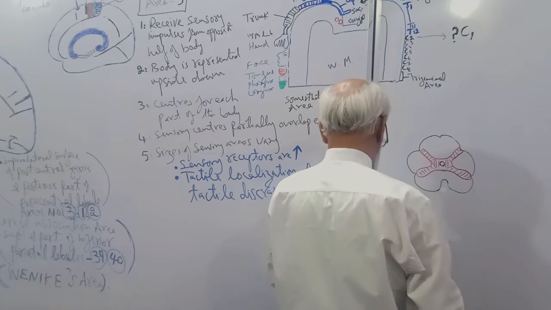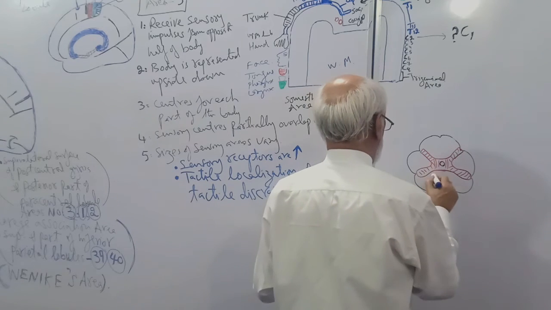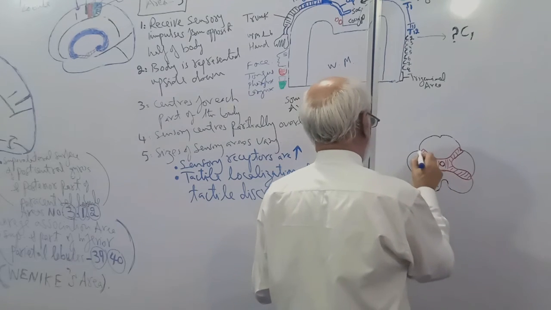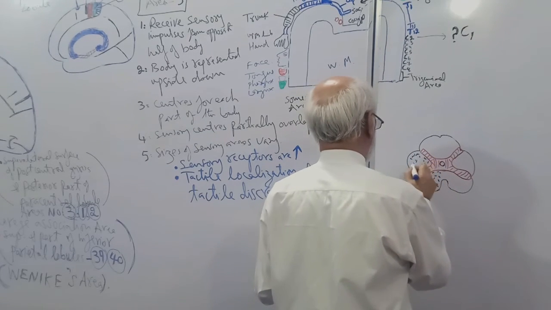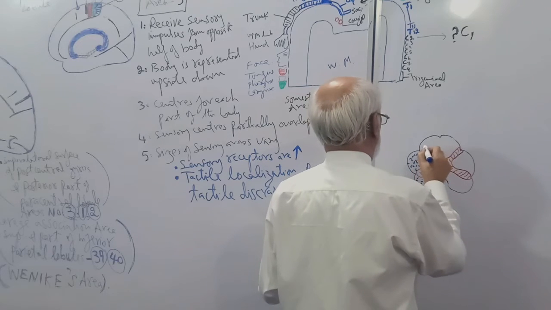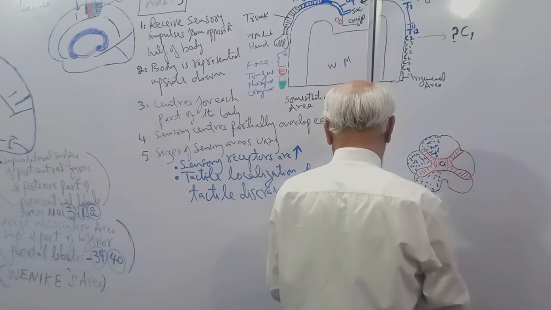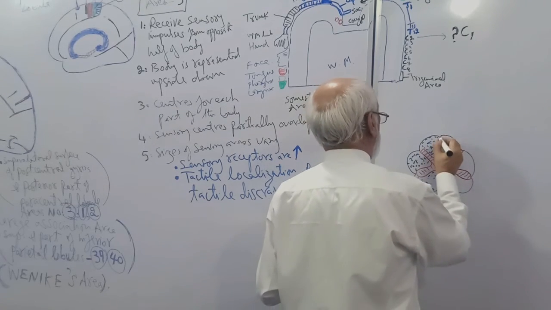And you know, outside is the white matter in the form of anterior funiculus, middle funiculus, and posterior funiculus. And you know here is the posterior median septum.